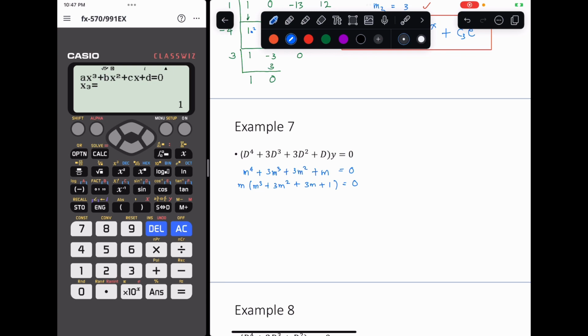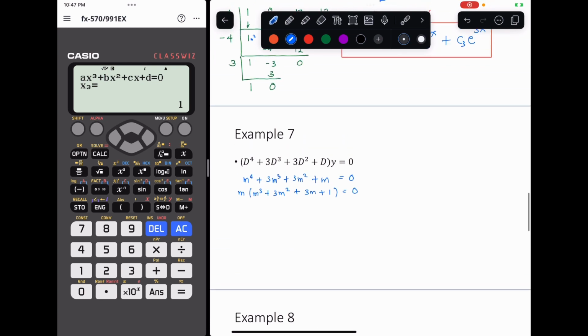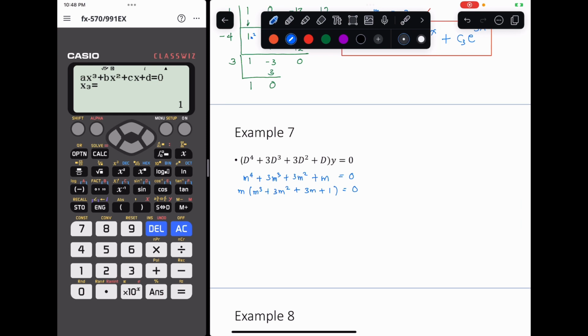One of the factors is m. And then for m cubed, I do not know, so we can use synthetic division again. M then will be equal to 0.